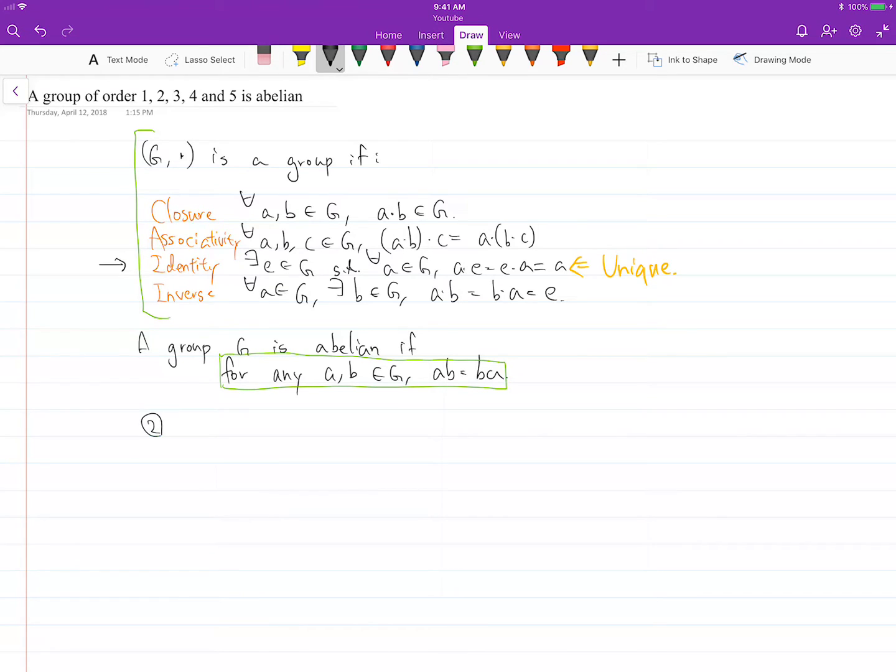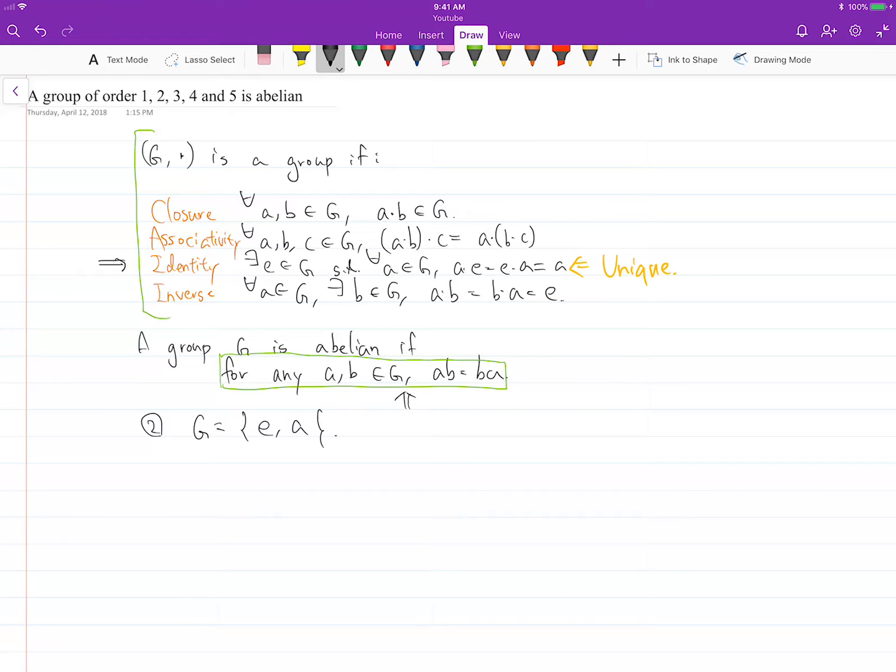So for a group of order 2, we have 2 elements. And then again, from the definition, we know that one of the elements has to be the identity element. So I'm just going to call one of the elements E and the other element A. So A is not the identity element. For this, we can actually just use this definition right here to show that this is abelian.